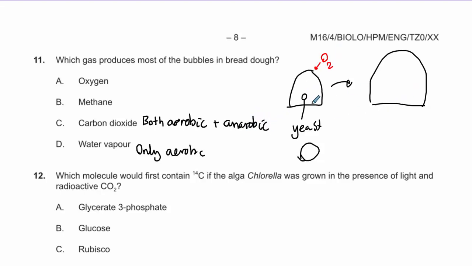And since there is some oxygen diffusing into the dough, and of course aerobic respiration is more efficient, but since it's both aerobic plus anaerobic, and since both of these processes create CO2, but only one of them makes water vapor, then of course C is produced in most of the bubbles in the bread dough. And what are these bubbles? Well, the bubbles are actually what makes the dough rise.